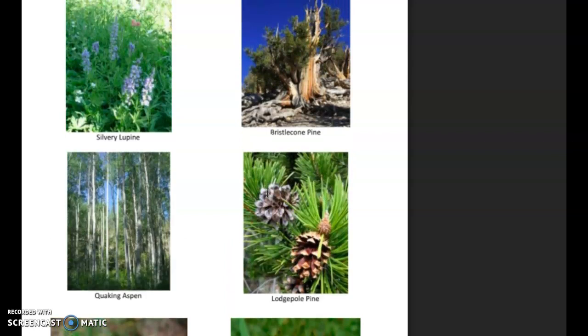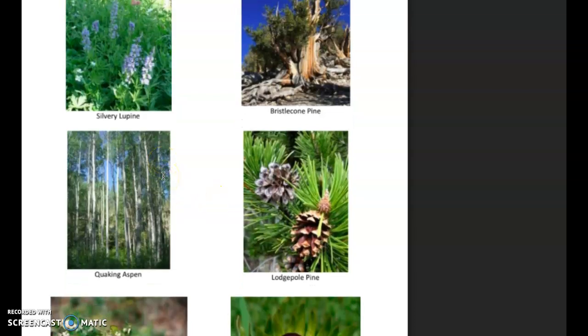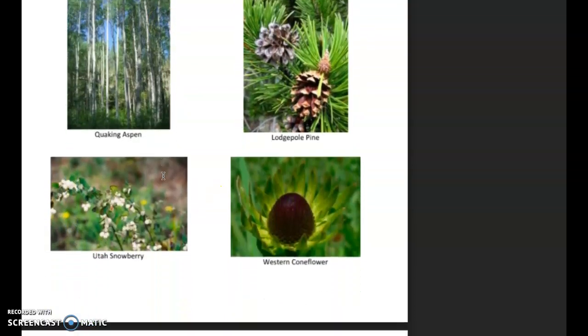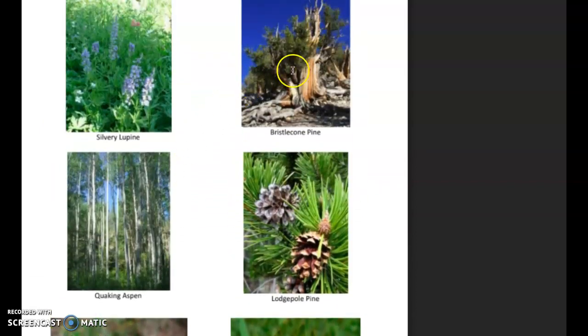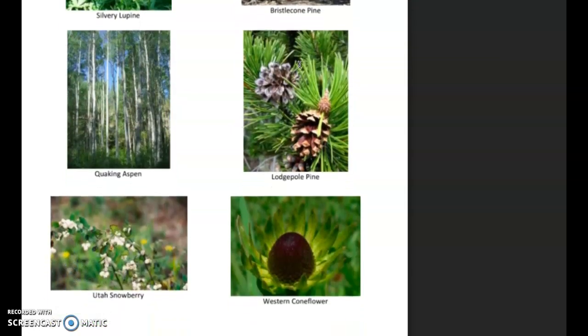I like to think, okay, what patterns am I seeing as I'm looking at these plants and animals? If we start up at the top and we scroll through slowly, one thing that I'm seeing is the bristlecone pine. Well, I know that pine trees also often have needles.